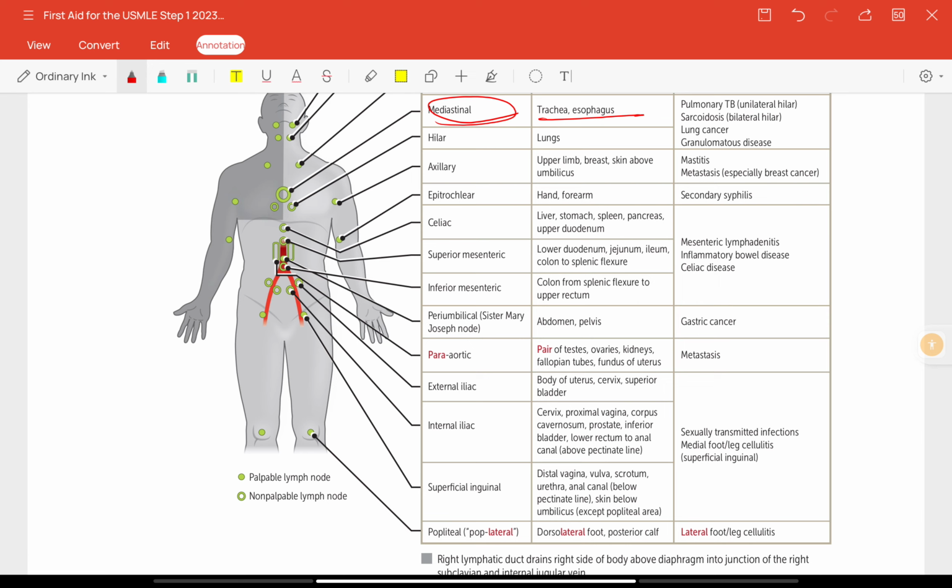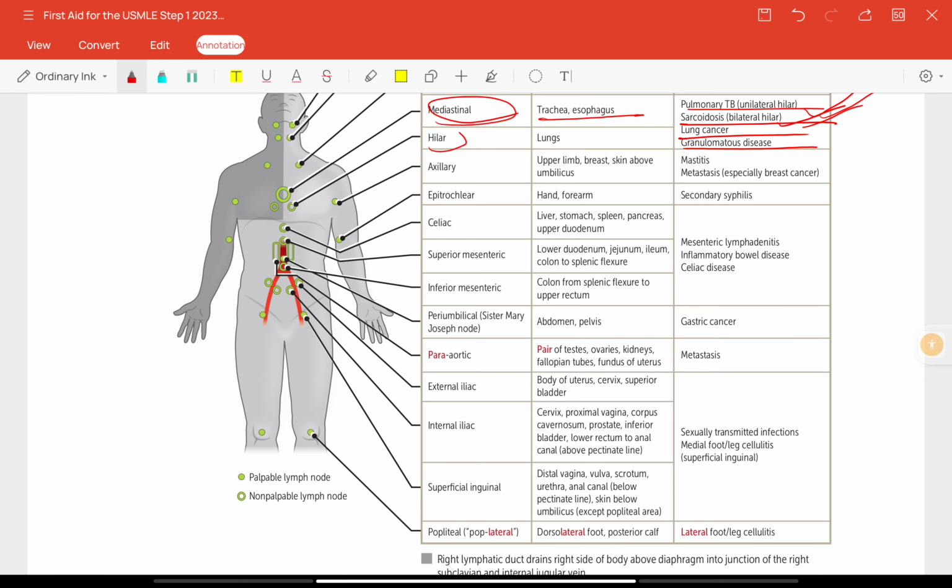That is trachea and esophagus, and associated pathology is pulmonary TB, that is unilateral hilar, and sarcoidosis bilateral hilar, and lung cancer, granulomatous disease.